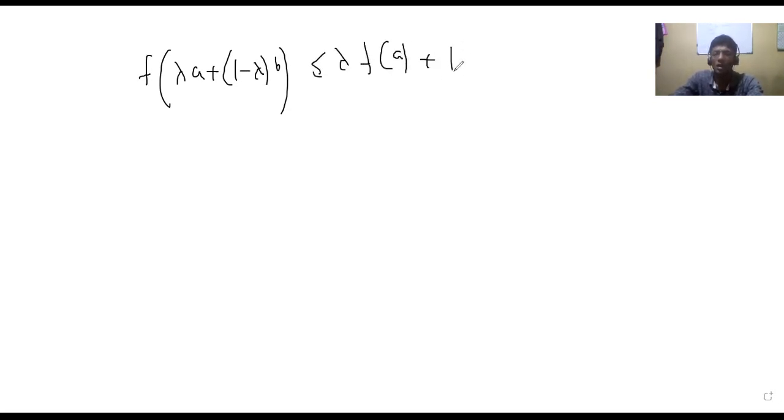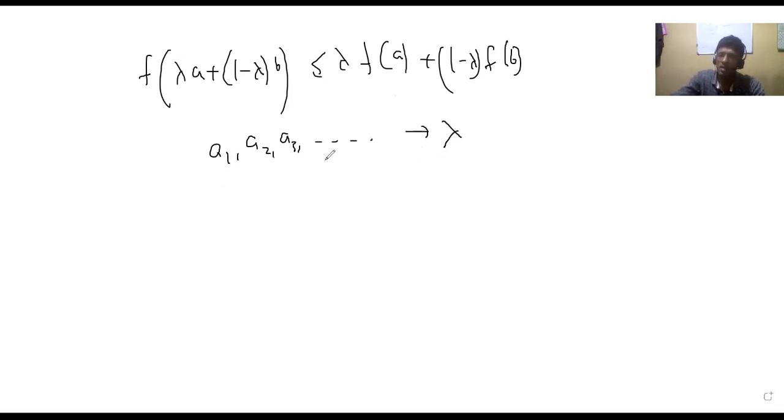If you want to show it for some lambda, then you essentially make a sequence that tends to lambda, such that for every point in the sequence, the inequality is implied by midpoint convexity.